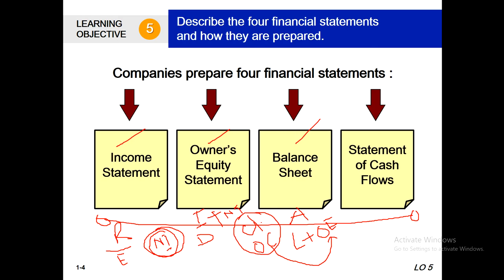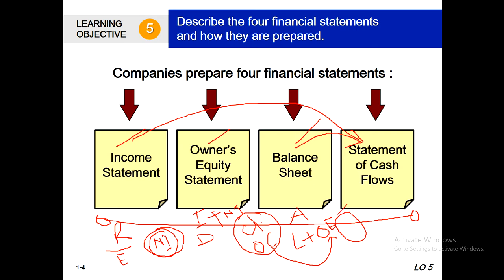Then this is the finishing point to prepare the balance sheet, and then we consider our income statement and balance sheet to prepare a statement of cash flows. These two statements we consider to prepare a statement of cash flows. The statement of cash flows summarizes the information about the cash inflows, that means receipts, and outflows, payments, for a specific period of time.